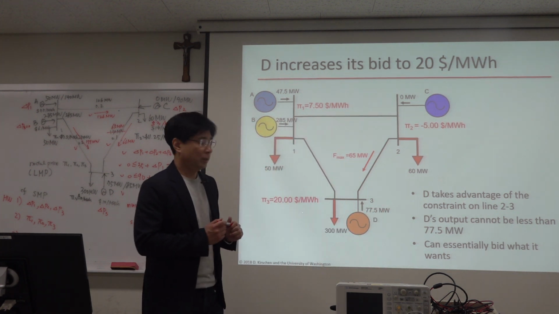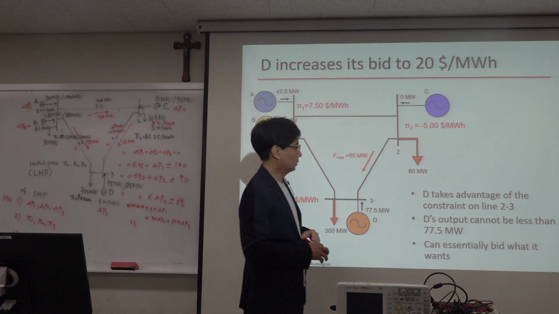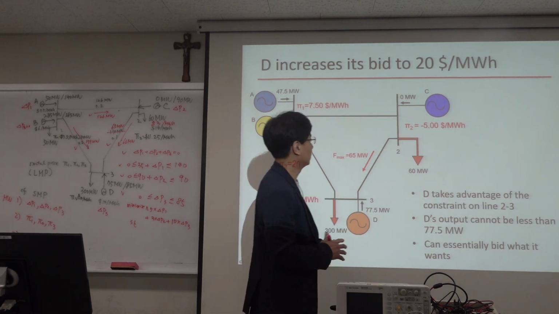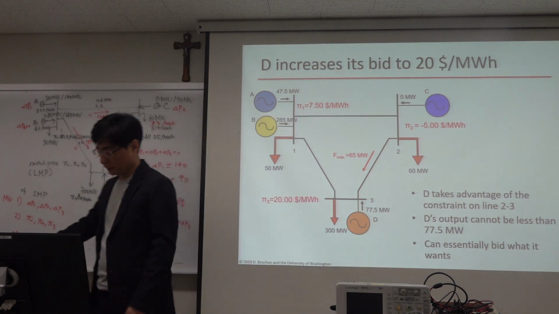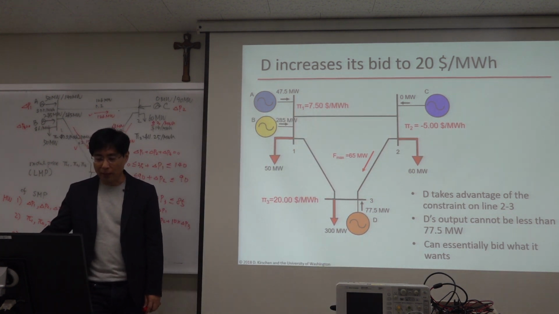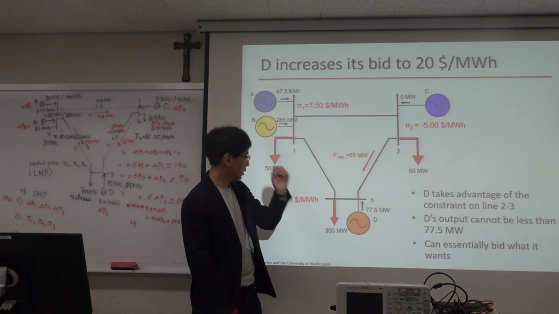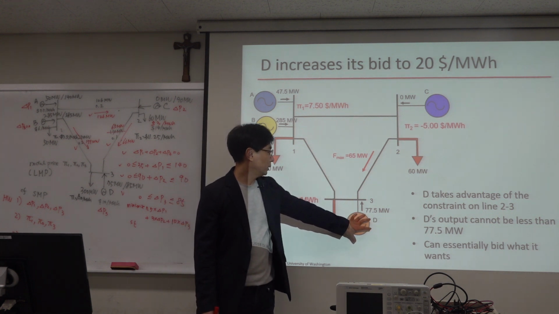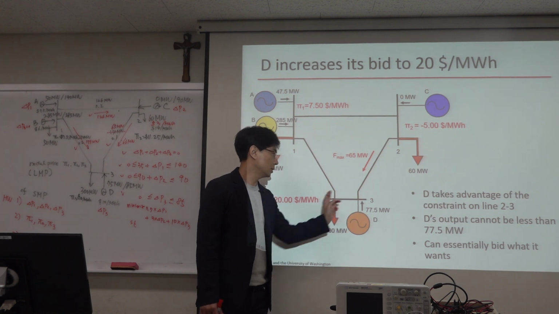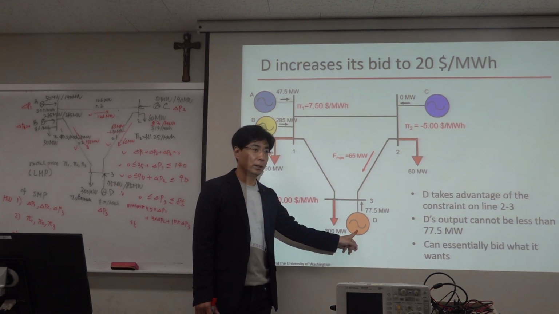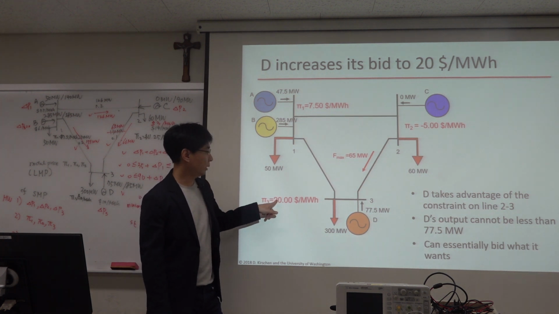So he knows that I'm an important generator in the system, so he placed a bid. He increased his bid. How much? By $20. And because all the generated power here goes to there, the LMP at this bus is determined by this generator, and because this generator increased his bid to $20, pi 3 is 20.